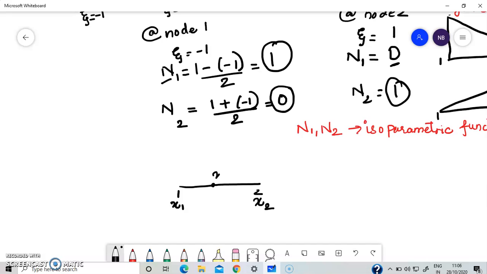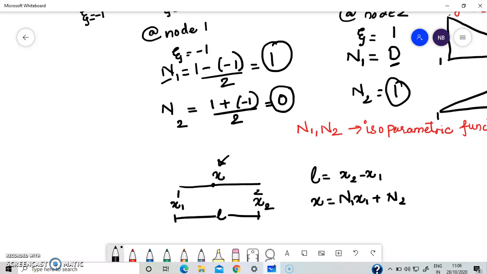At any point x, and the length of this element is L. L can be given by x2 minus x1. Now we want to find the location of a point within the element, the geometry of this point. It can be given as x equals N1 x1 plus N2 x2.